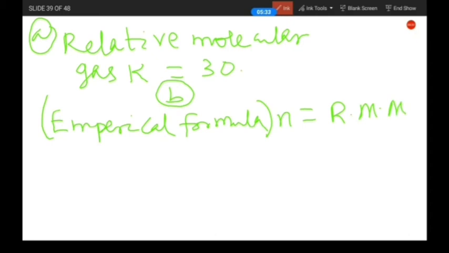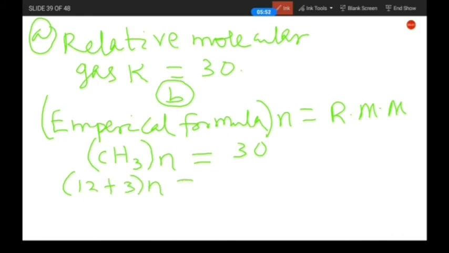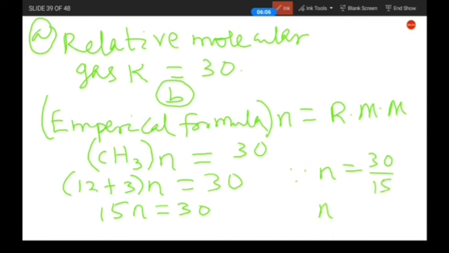And from the question, we are given the empirical formula as CH3. Good. Then equals 30 that we found here. Remember, the relative atomic mass of carbon is 12. Hydrogen is 1 times 3. We get 3. Then times n equals 30. So we have this as 15n equals 30. Therefore, n becomes 30 over 15, and n equals 2.